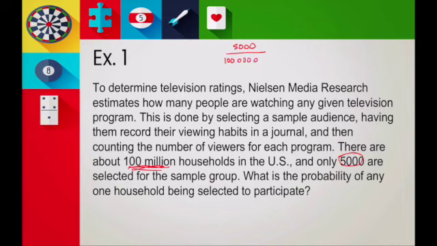So our probability of being selected to participate is about 5,000 out of 100 million. Or if we reduce that, 5 out of 100,000, or 1 out of 20,000.